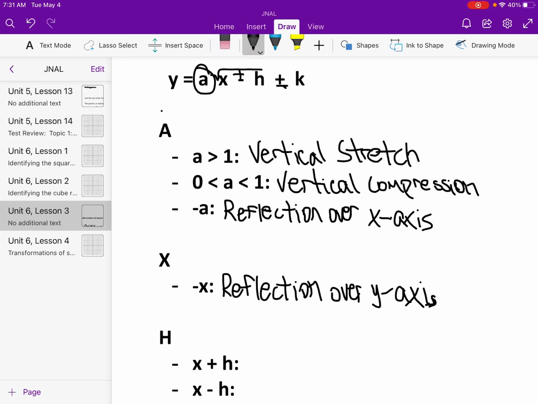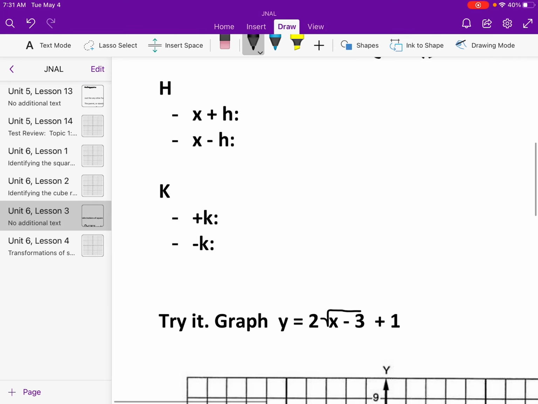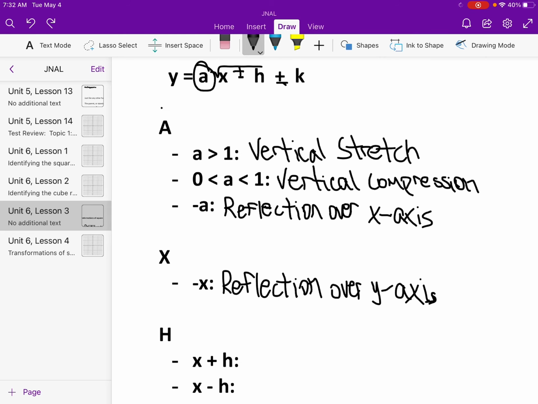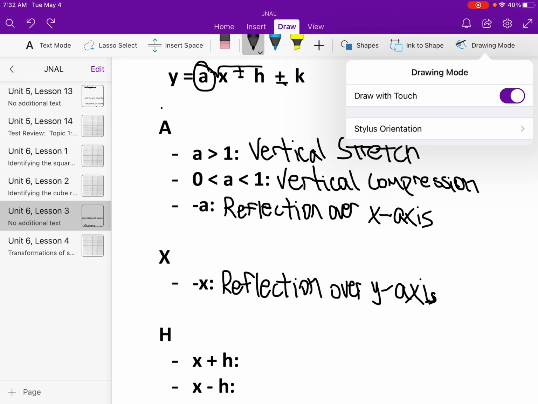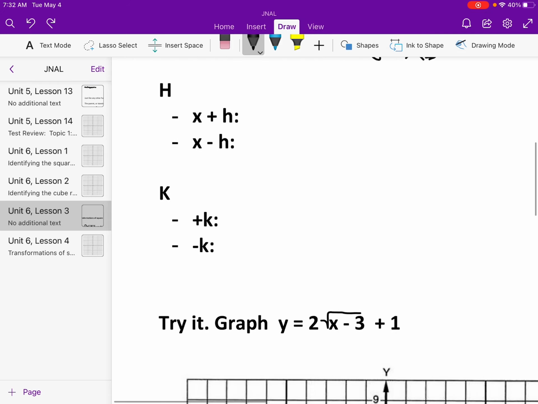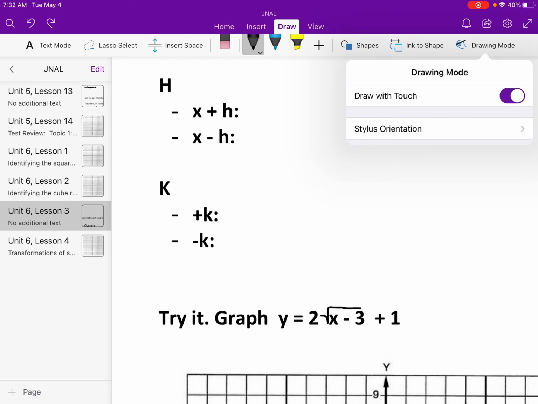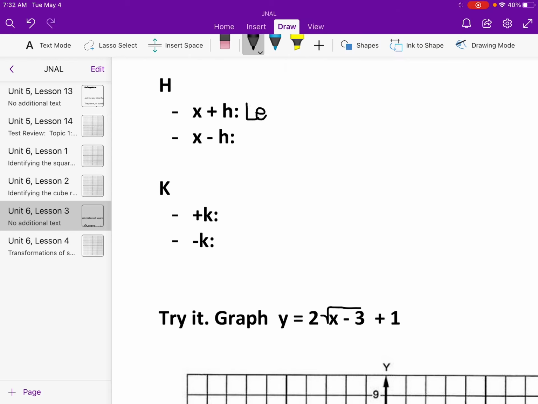Okay, so let's see what things could happen with h. If you had x plus h, x could be negative, it doesn't matter. Basically, if you have positive h, then you're going to go left h units. We call it h units because whatever number h happens to be, that's how much you move left.